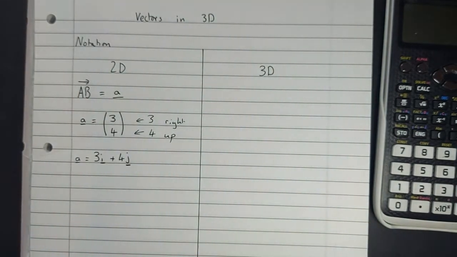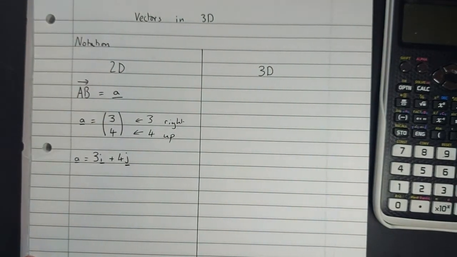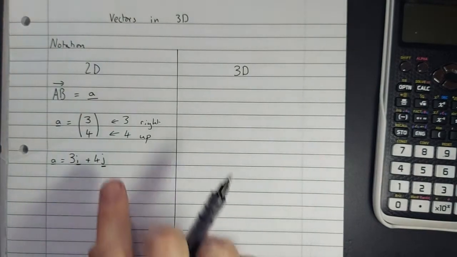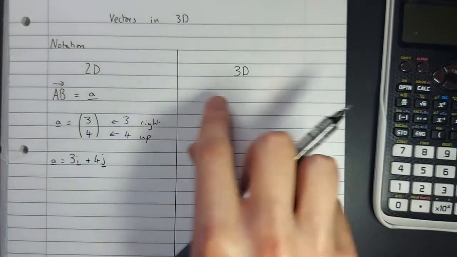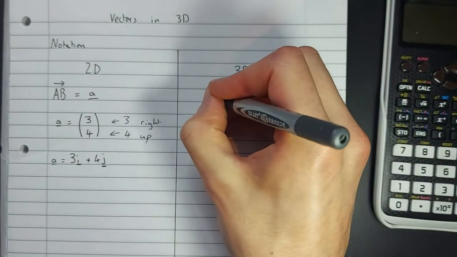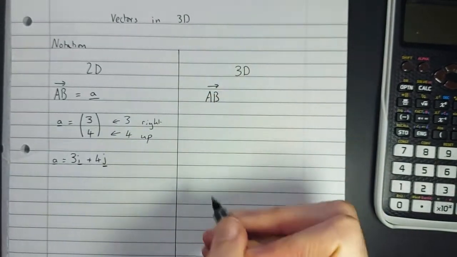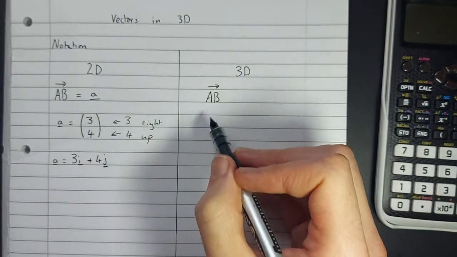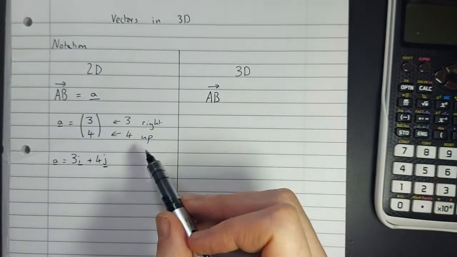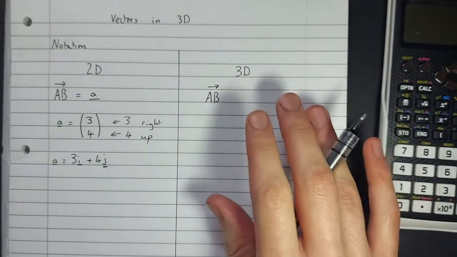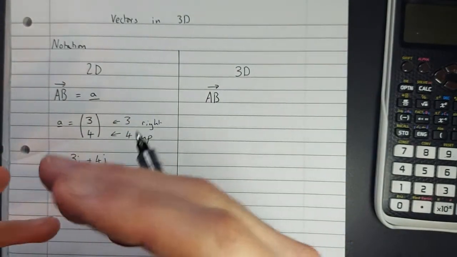Right then, so now let's compare this to 3 dimensions, and it's only going to change in a few ways. Firstly, if we write it like this, it's still describing how you get from one point to another. Okay, so from one point A to another point B, but instead of being on a flat surface, they're kind of within a space.